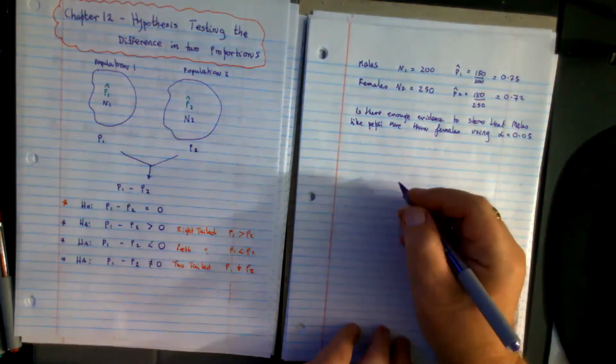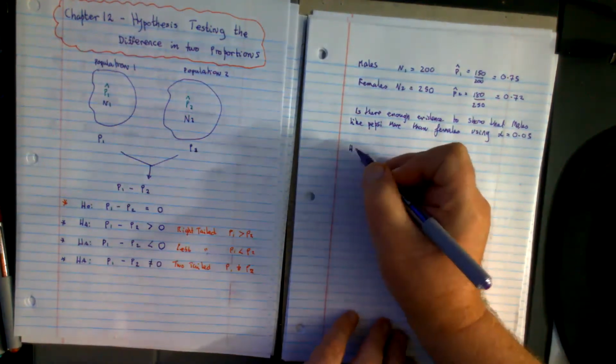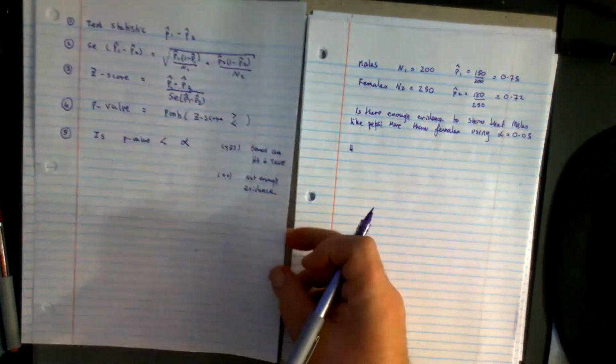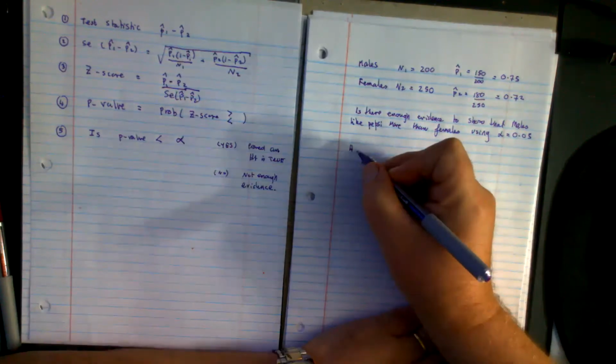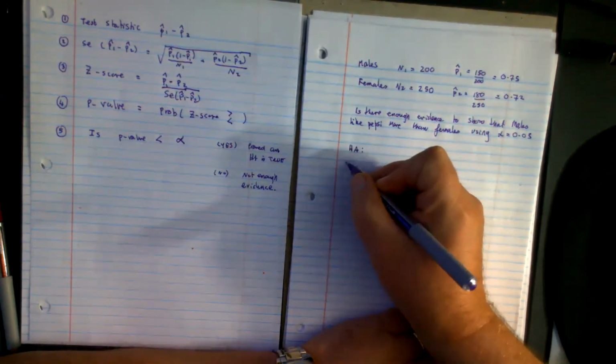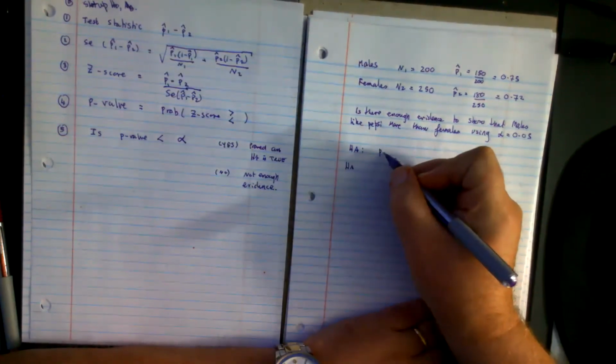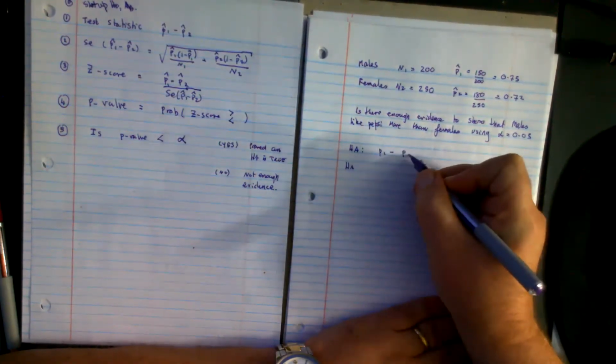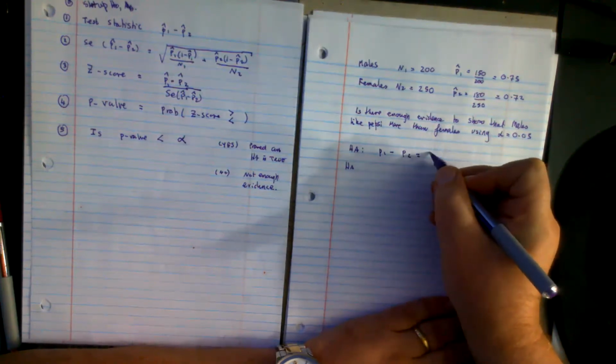Well, here is our little hit list of things to do. I'll show you them. Let's set up our null and alternate hypothesis. I guess it would be step 0. The null hypothesis is simply P1, population 1, take away population 2 is 0.